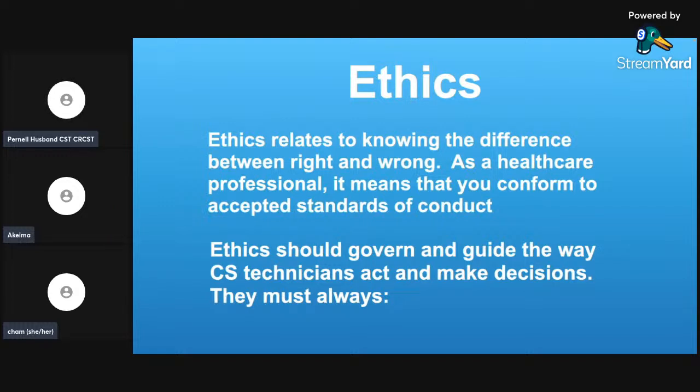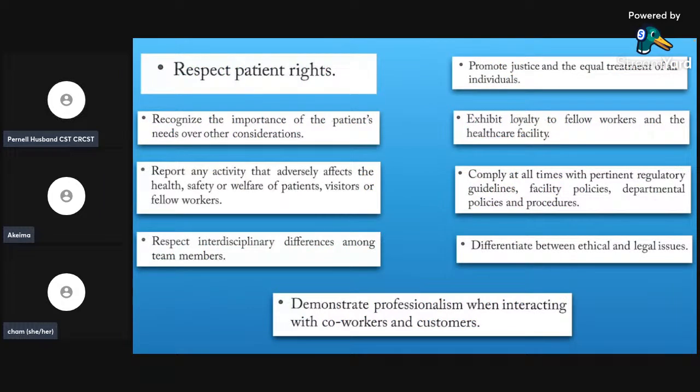So ethics should govern and guide the way central service technicians act and make decisions. We must always, all of this good stuff, some of it common sense, respect the patient's rights, recognize the importance of the patient's needs over other considerations. It's all about the patient in a healthcare facility. Everything obviously is geared towards the patient's well-being.